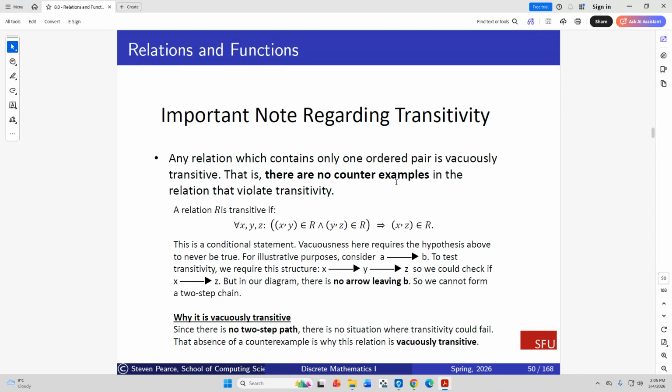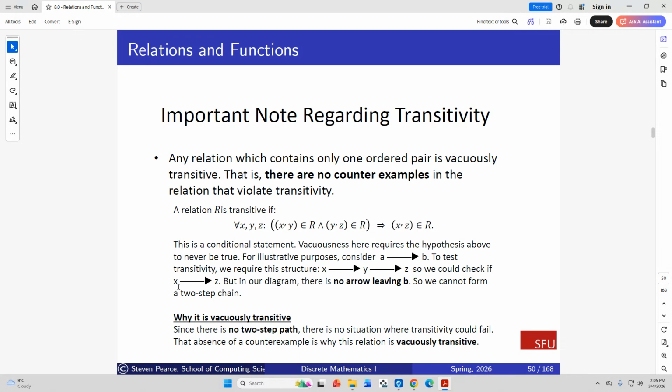Transitivity requires a counterexample for the relations that violate transitivity. So a relation R is transitive if (X, Y) is in R and (Y, Z) is in R implies (X, Z) is in R. This is a conditional statement. Vacuousness here requires the hypothesis above to never be true. This can never be true.